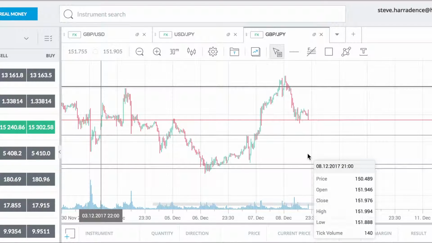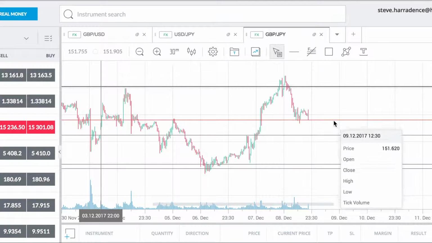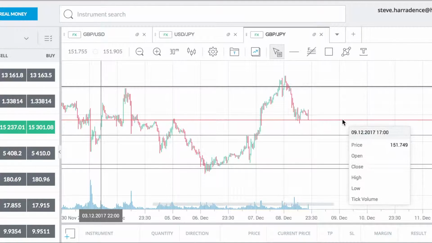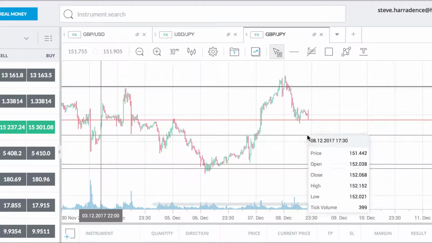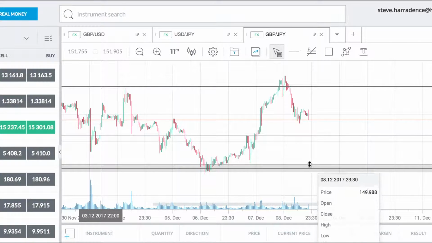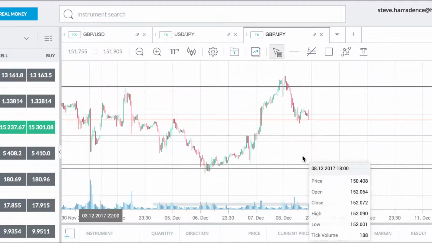So you've got quite a big difference here, so a good few quid. And when you can go below the intraday and the longer term supports.